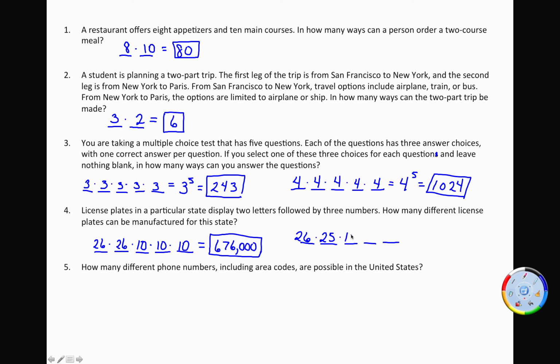Okay, my first number, I still have 0, 1, 2, 3, 4, 5, 6, 7, 8, 9 that I can choose, so 10 options. But once I have placed a number in this spot, if I can't repeat digits, then there are only 9 digits left, and after that, only 8 digits left.